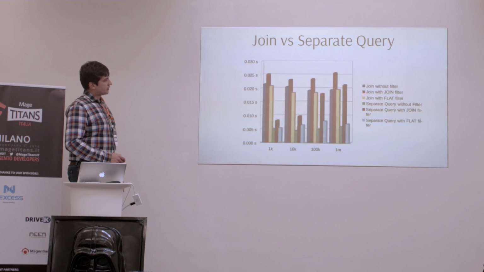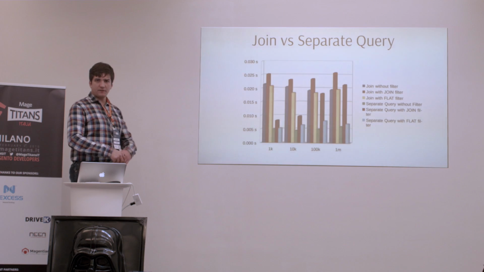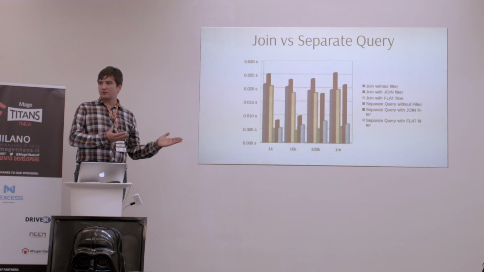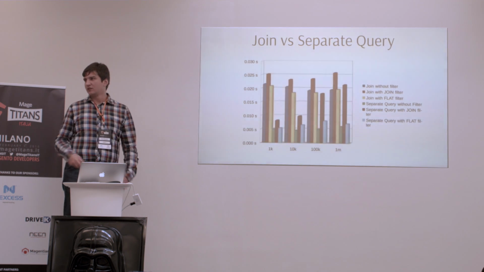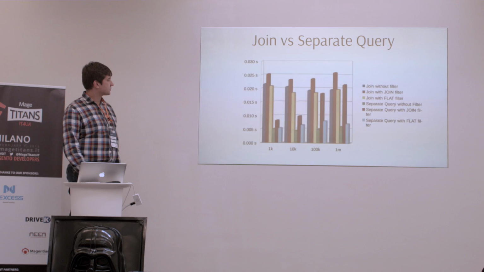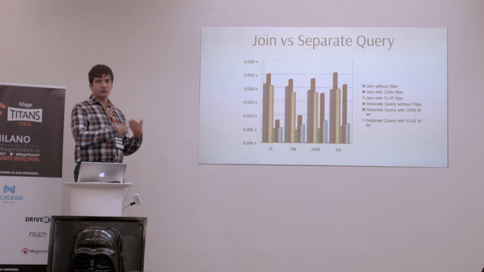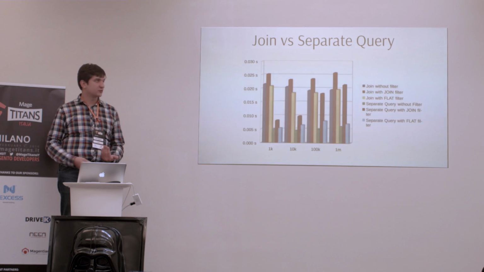Then I also created a filter by flat table. So even if I have a flat table joined to the main select, it still does not perform that much better than the original request without filters. But then I created separate queries. So first I retrieved IDs and then I retrieved all the rest of the data.